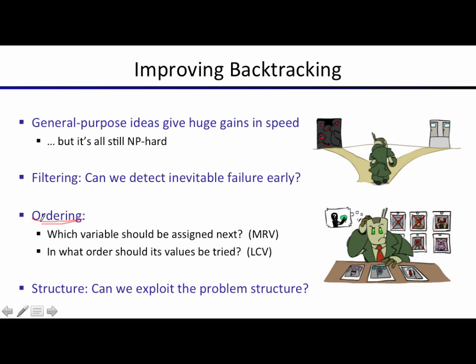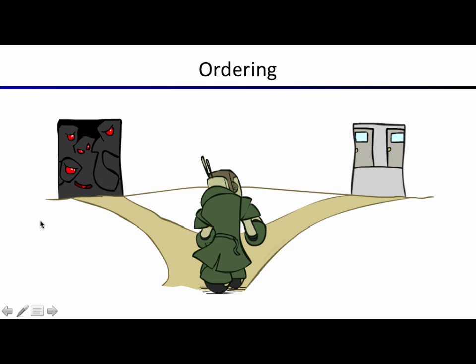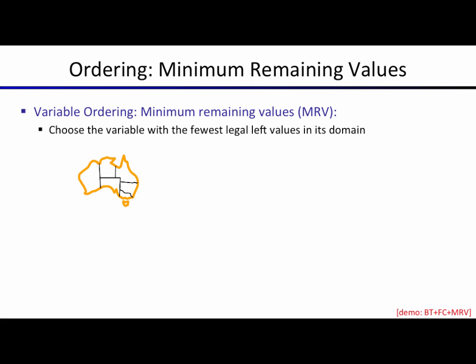It turns out that there are things you can do that can really help in the search on that front. So ordering is about choosing variables in the correct order and also choosing values for these variables in the correct order. In particular, the main strategy that people use is something called minimum remaining values, also called most constrained variable first.